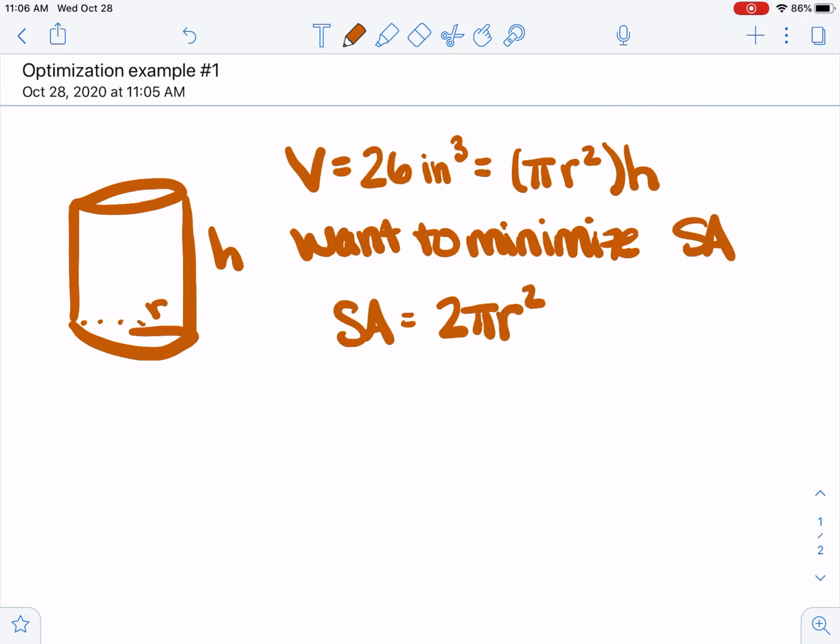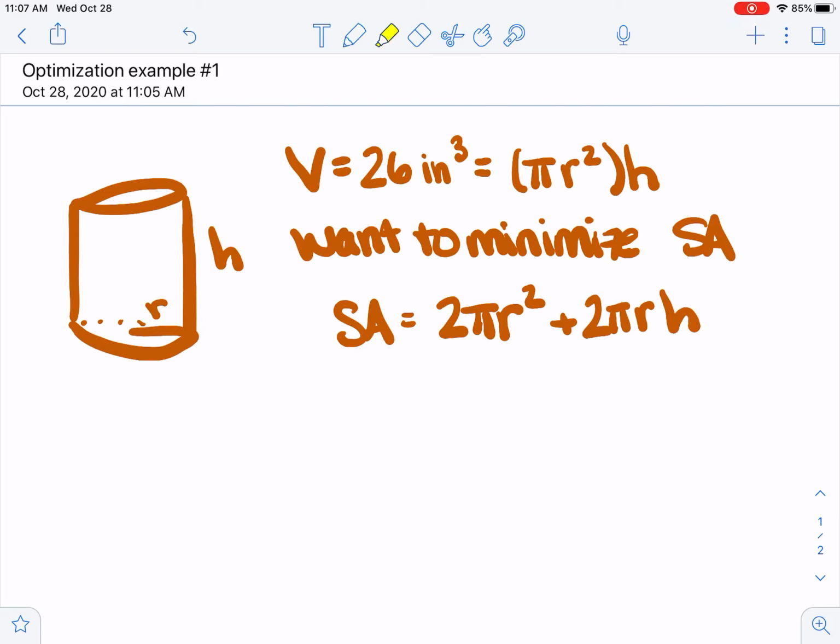Those are circles. But what's the area of the side of the can? Think of taking that side, cutting it, and unrolling it. You get a rectangle if you do that. And the area of that rectangle is the circumference of the base, 2 pi r, times the height. Those are the length and the width of the rectangle you would get if you unrolled this can.